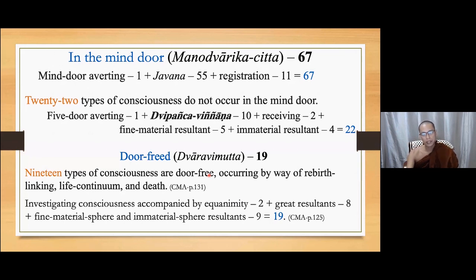Why are they door-free? Because their particular functions of rebirth-linking, life continuum, and death do not occur in the sixth door, or in the five sense doors. They never occur in these 3 functions. And also for the mind door, the 19 consciousness are not taking a new object, so we cannot say that it is a cognitive process.